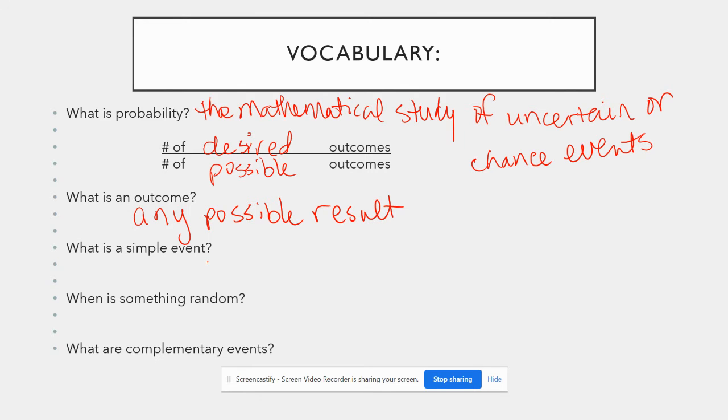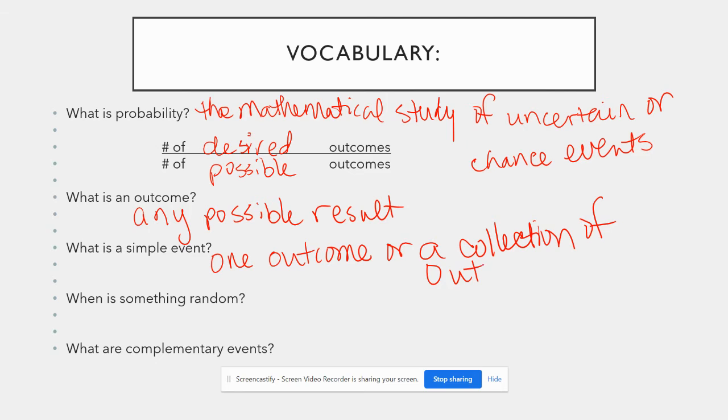A simple event is one outcome or a collection of outcomes, usually just from one thing, like rock, paper, scissors, or flipping a coin, or spinning a spinner, or pulling a card from a deck. We're just doing one thing.